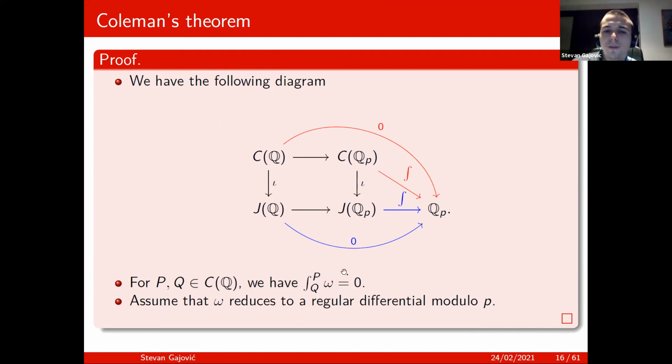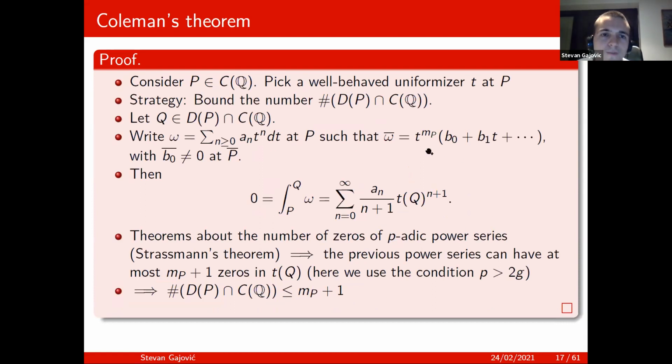So this is an analytic condition that detects rational points, and this is what distinguishes rational points from arbitrary Q_p points. Further, for some technical reasons, we can scale omega such that it doesn't vanish modulo p, or that it doesn't have poles modulo p.